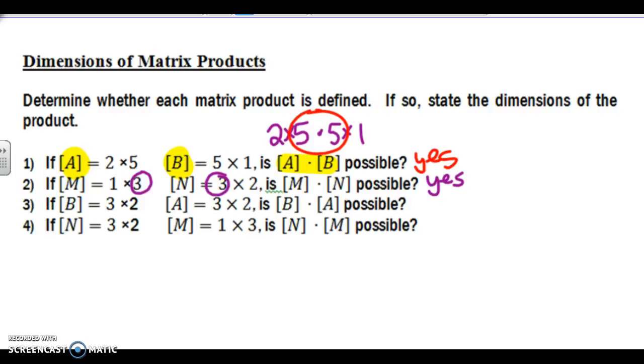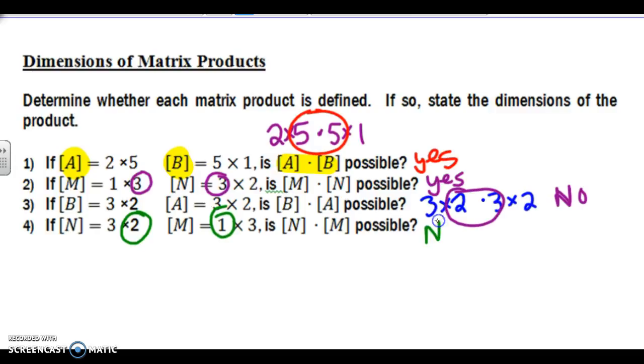Change problems on me. So B is actually 3 by 2, and A is also 3 by 2. These guys inside, not the same, so this one's a no. Likewise, on this last one here, it says, is N times M possible? If those two aren't the same number, then this is also a no.